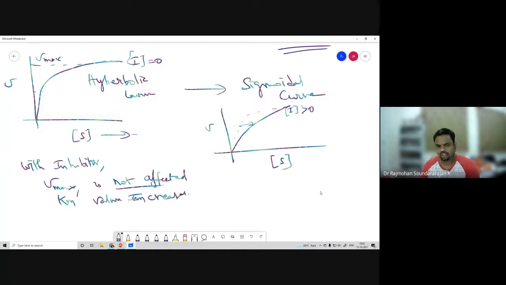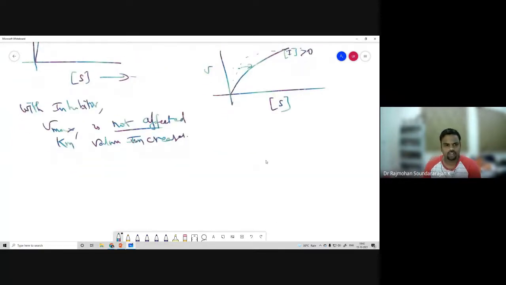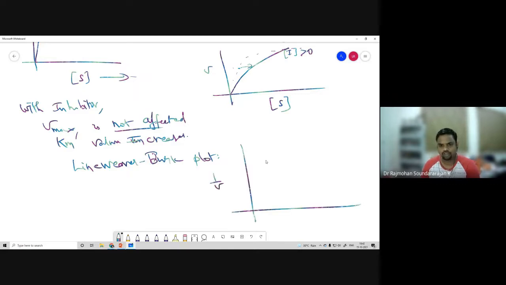Then, what is the Lineweaver plot? It is 1 by V versus 1 by S, that is, the inverse of reaction rate versus the inverse of substrate concentration.